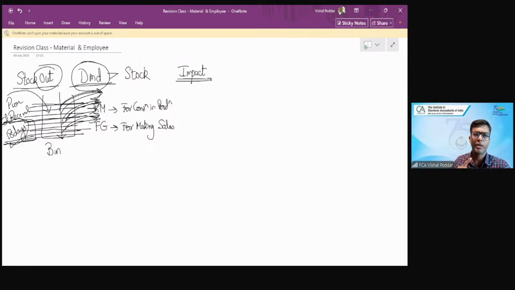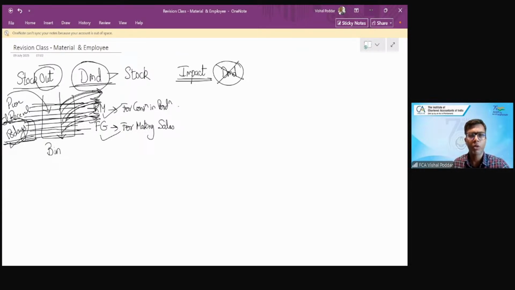I understand which example you're talking about. Basically, if there is a stock out, the impact is your demand is not being satisfied. In other words, you are not able to deliver your final product or your raw material.